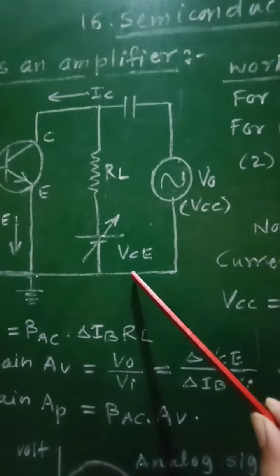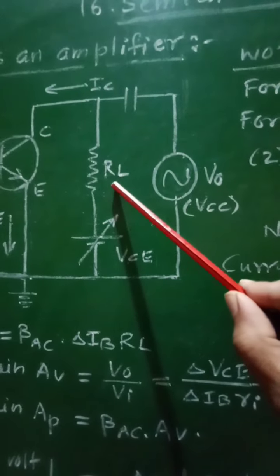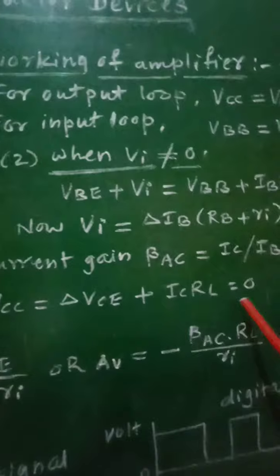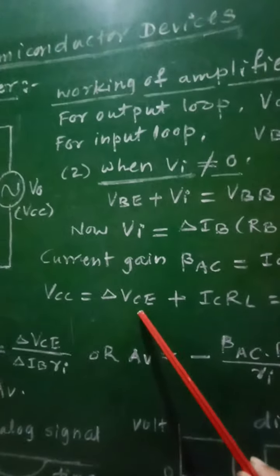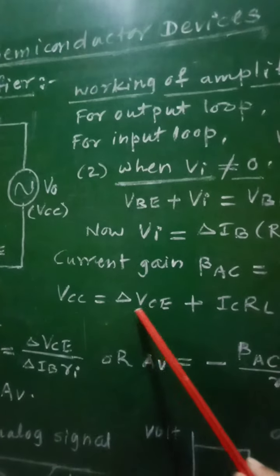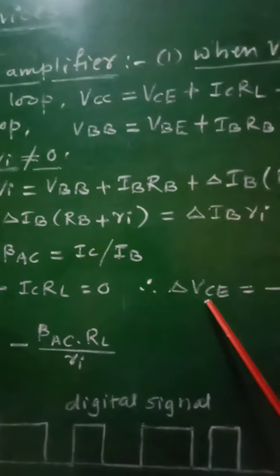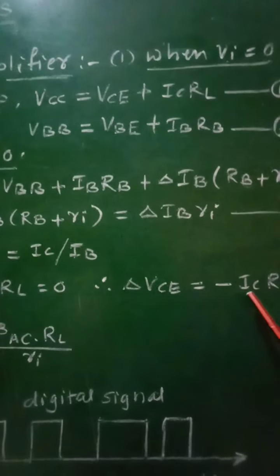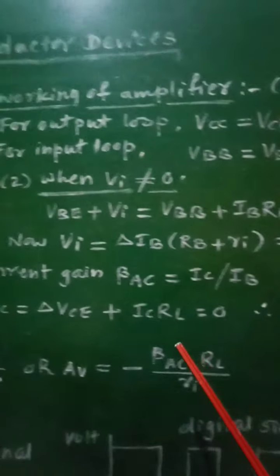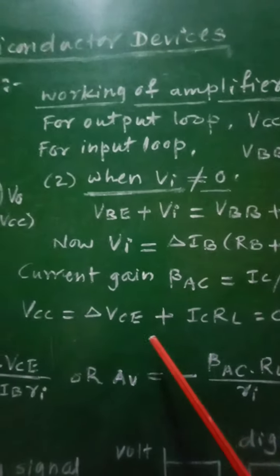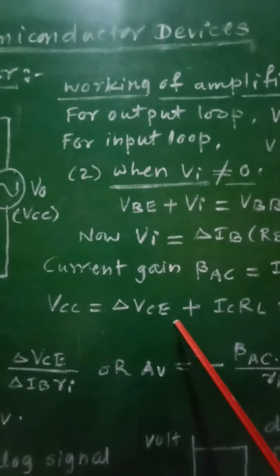This Vce plus IcRL will be equal to 0, and therefore from this relation we can write delta Vce plus IcRL is equal to 0. Therefore delta Vce must be equal to minus IcRL. Now the change in output voltage, delta Vce, is the output voltage Vo.